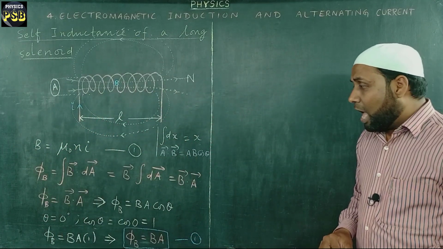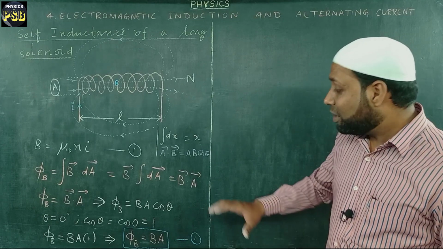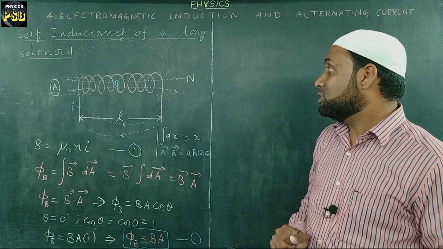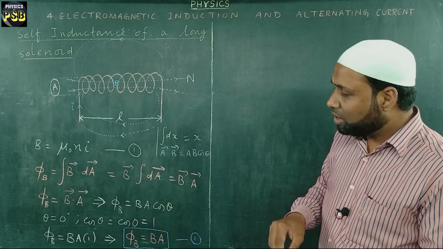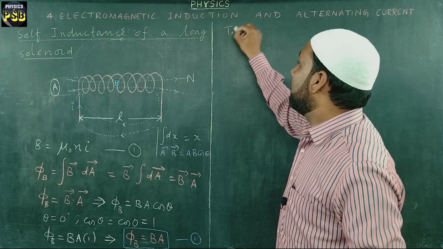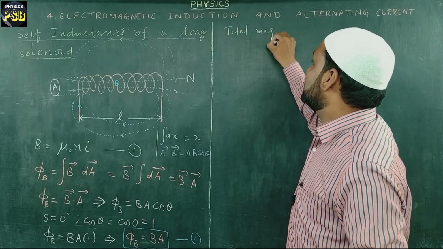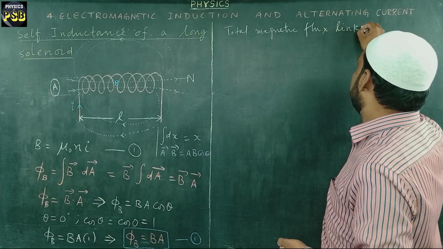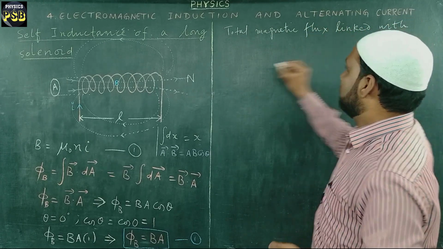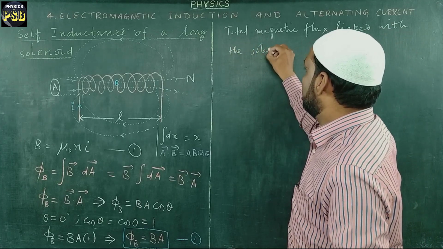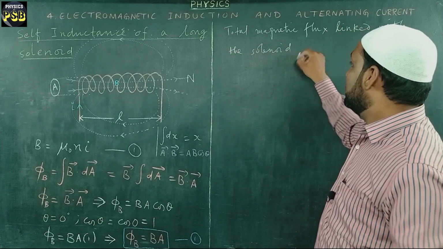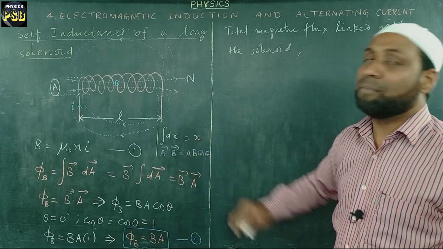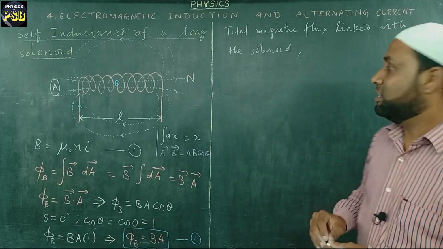Now, I will find out the total magnetic flux linked with this solenoid, which consists of n number of turns. So the total magnetic flux linked with the solenoid can be obtained if I multiply this with the total number of turns, which is nothing but n.